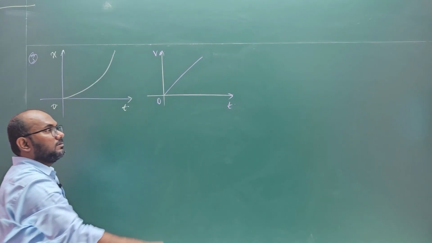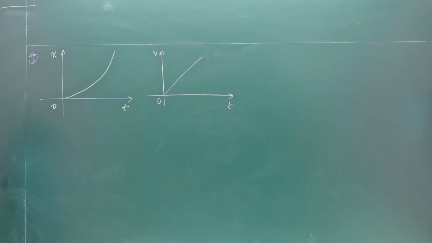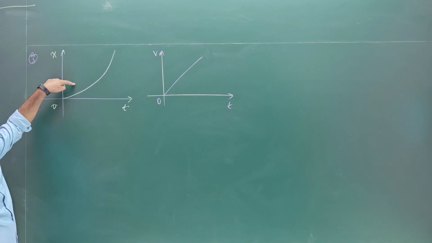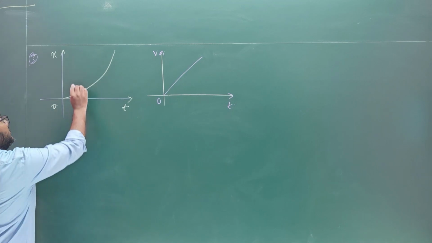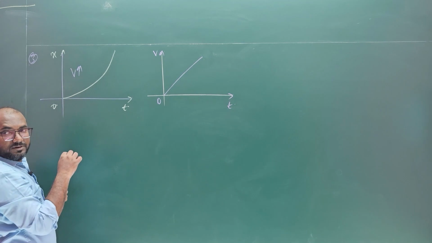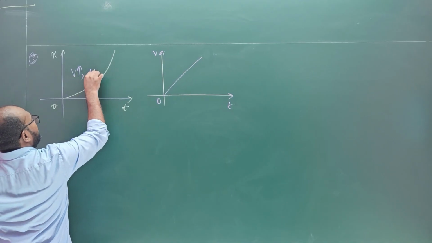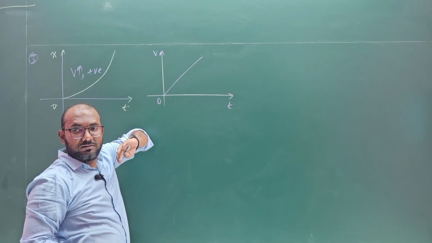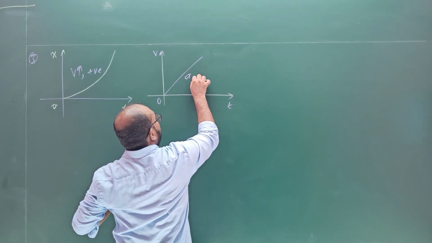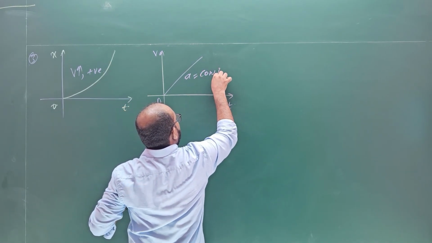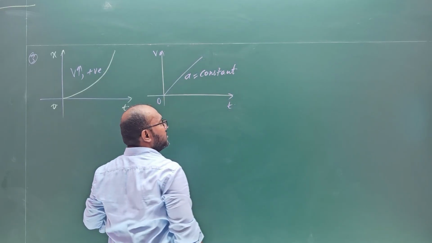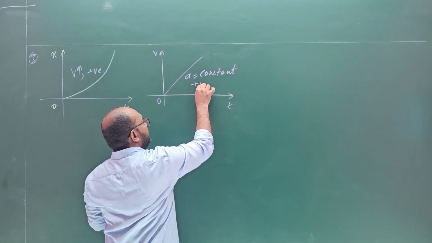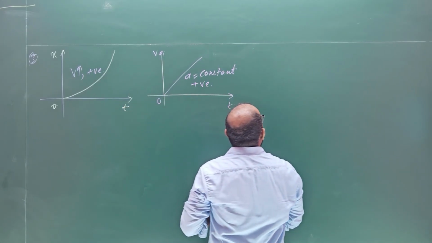This is 0. Here, what is happening? Velocity is increasing or decreasing? Yes, velocity is increasing. Positive, negative? Positive. Very good. What about here? Acceleration? Constant. So here acceleration is constant. Positive, negative? Positive.